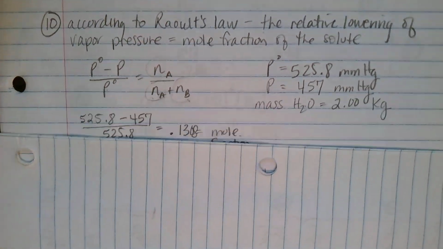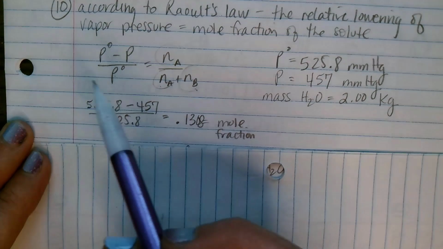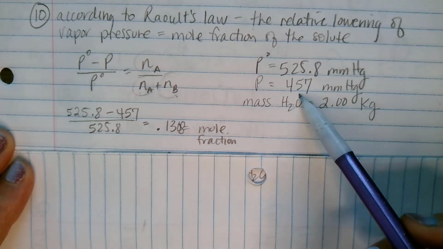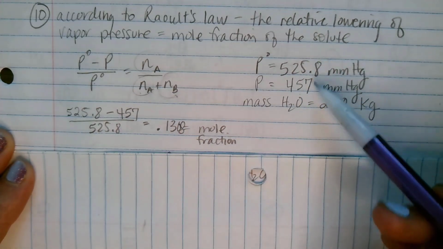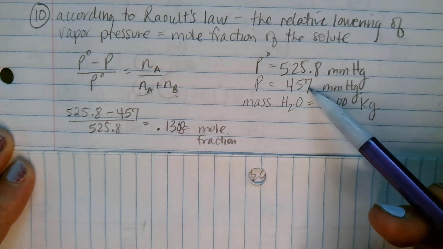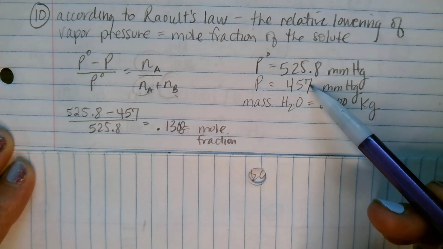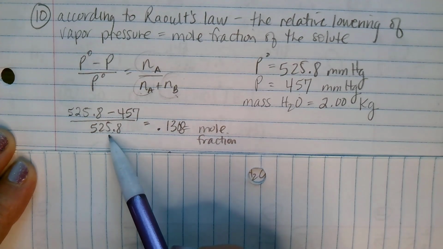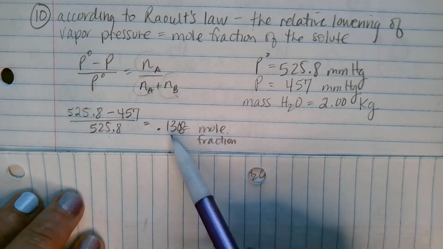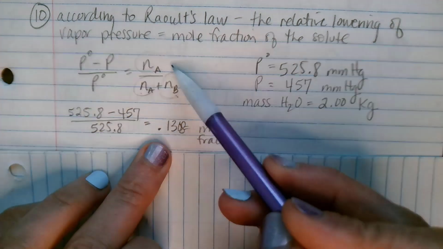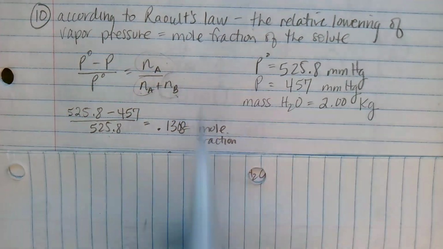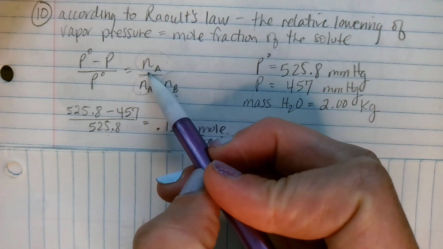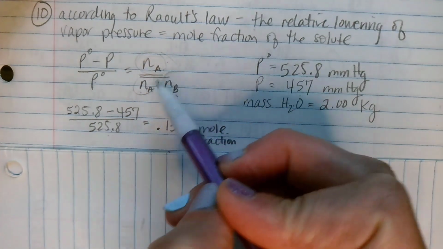So let's start plugging in what we know. We're given the two pressures, the original pressure and what the pressure changed to. So I'm just going to subtract those two divided by my original pressure. That gives me my mole fraction, which is equal to this. Mole fraction, remember, is my moles of solute over total moles.